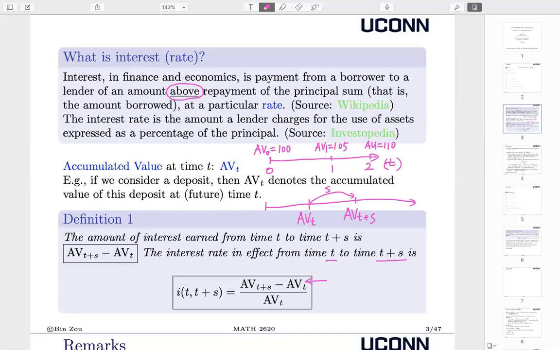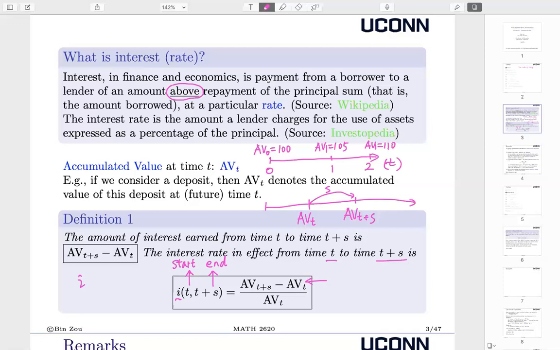Here I put the definition of I, or the interest rate, with respect to 2 time points, the starting point and the end point. Okay, in most of this course, we don't need to be this precise. Usually people simply call it I, okay? And the default time interval is 1 year.